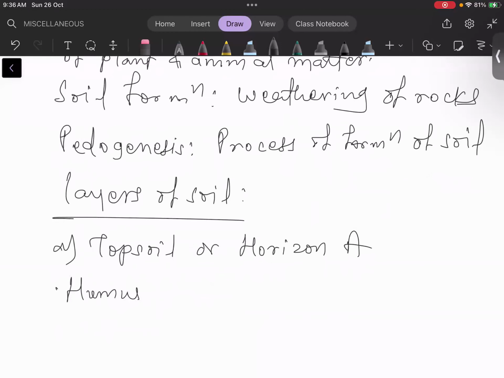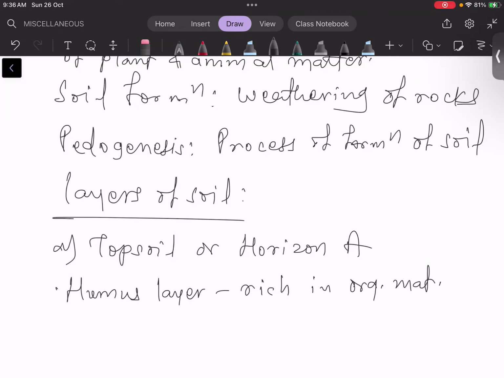This layer consists of decomposed material and organic matter.